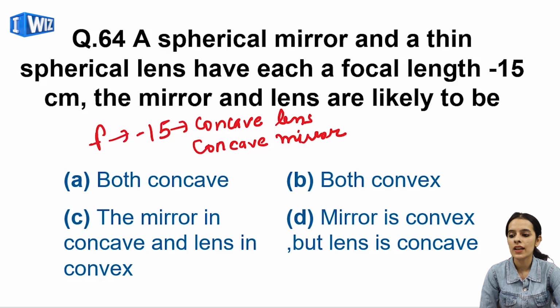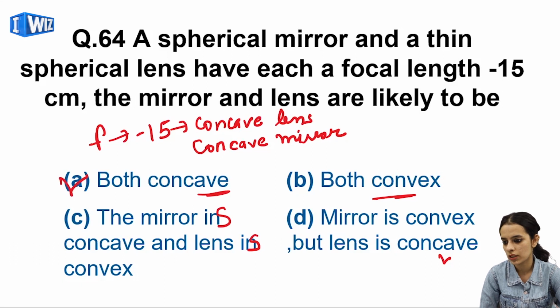The mirror and lens are likely to be: the mirror is concave and the lens is convex. Convex lens always has focal length positive. Mirror is convex but lens is concave. Concave lens negative. Both convex, both concave. So the right option is both concave.